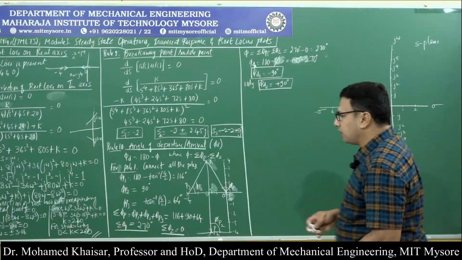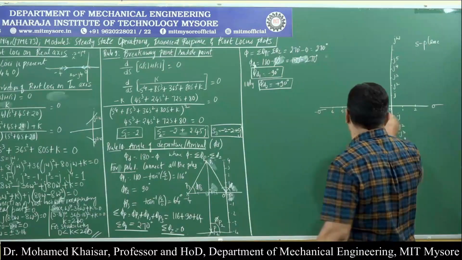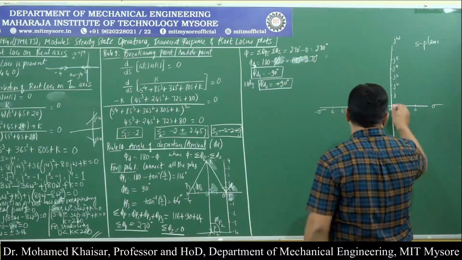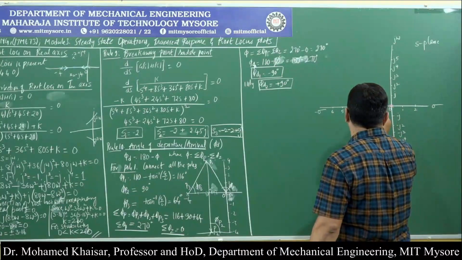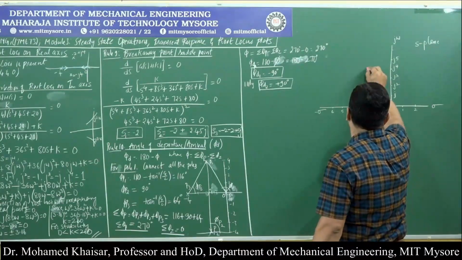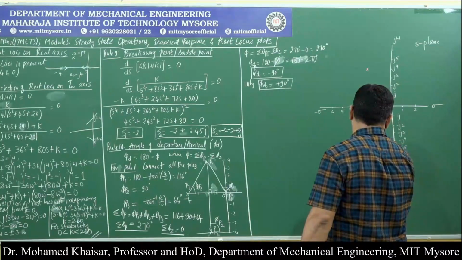Now, let us quickly mark and draw the root locus plot. There is a pole at 0, a pole at minus 4, a pole at minus 2 plus j4, and a pole at minus 2 minus j4.